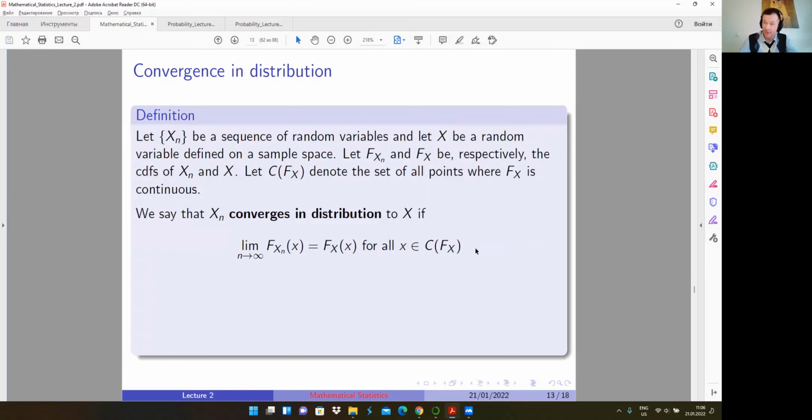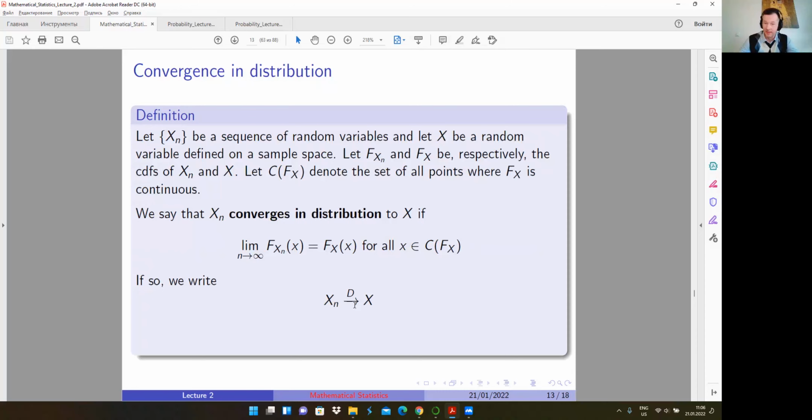That's something that we have seen on the three previous slides: the distribution of a sample mean, with the increase in the sample size, converges to the normal distribution.